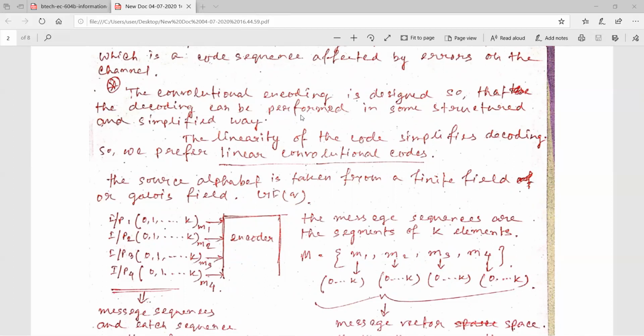So that's why we use the convolutional coding, the convolution arithmetic or convolution operation. We will see later on why and how we do this convolution.